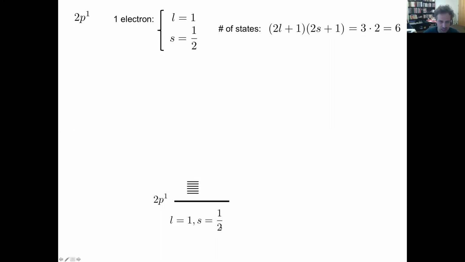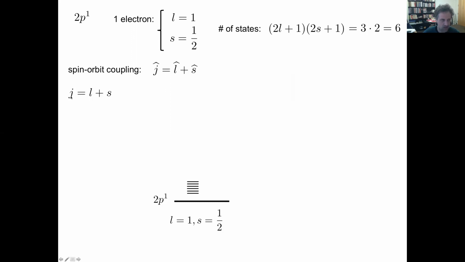But this degeneracy can be lifted because of spin-orbit coupling. So let's compute now what the spin-orbit coupling is. Spin-orbit coupling is of course related to the fact that L and S can combine, but they can combine in different ways. So let's see in how many ways the spin can actually be combined with the orbital angular momentum. The first way in which I can combine it is by simply adding them up.